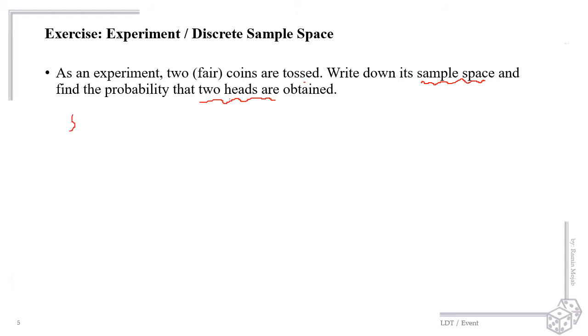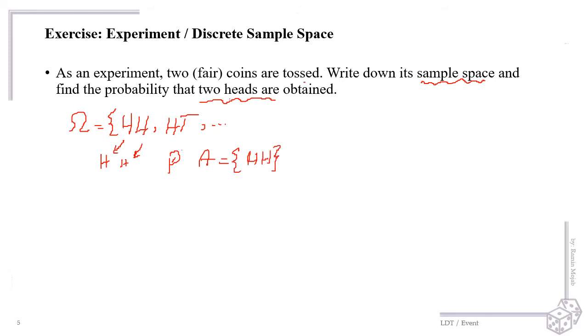You know that the omega is similar to this one, H, T, and so on. HH means the first one is head and the second one is also head. And note that this is an event, and we can calculate it. I want you to calculate the probability of this event.